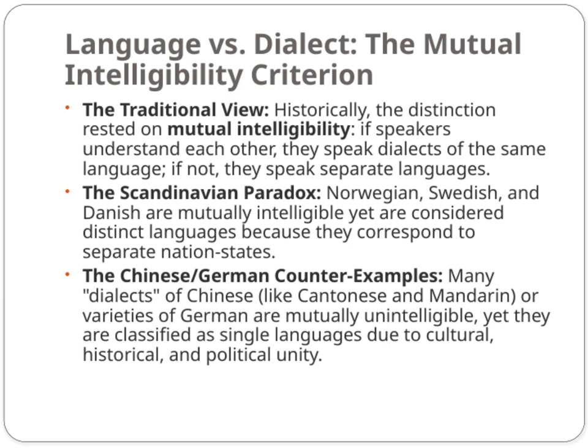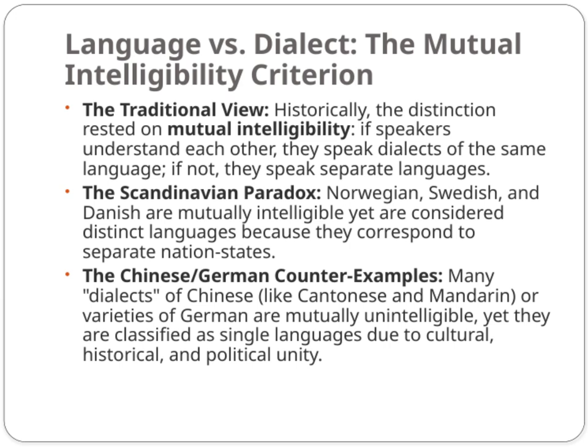On the other hand, we have Chinese and German examples that challenge this idea. For instance, many Chinese dialects, like Cantonese and Mandarin, are mutually unintelligible, but they are all grouped under the Chinese language because of shared culture, history, and political identity. Similarly, varieties of German can be quite different from each other, but are still considered part of a single language.